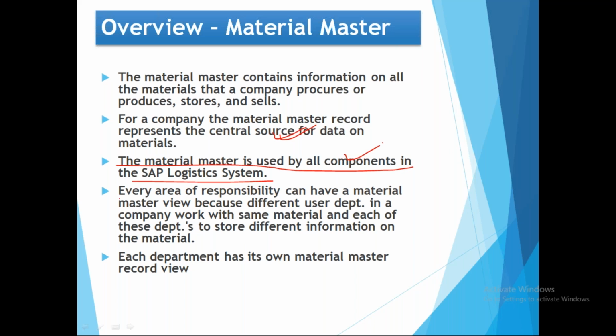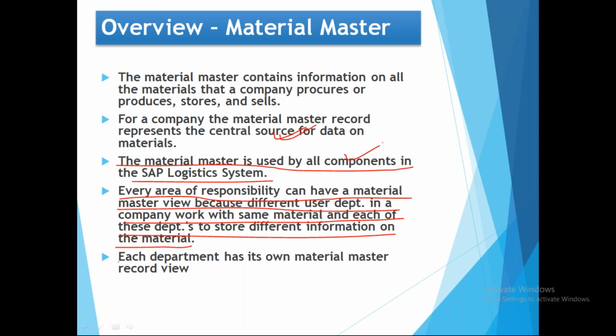Every area of responsibility can have a material master view, because different user departments in a company work with the same material, and each of these departments stores different information on the material. Basically as this material master is used by different departments, every department will maintain their data in their respective views.